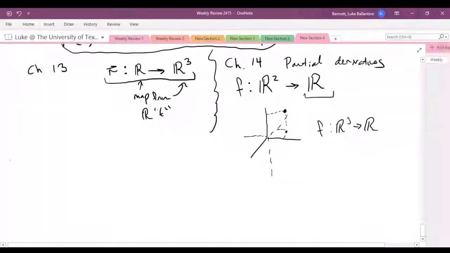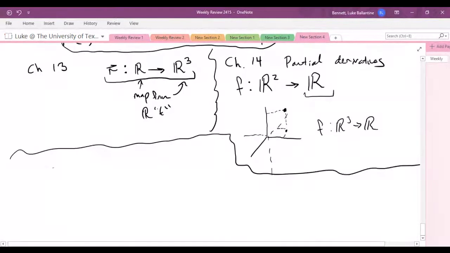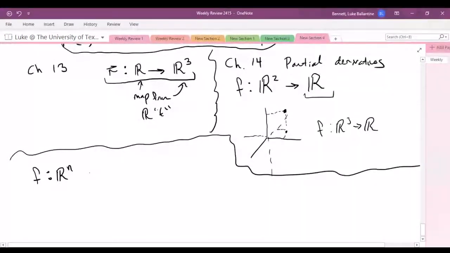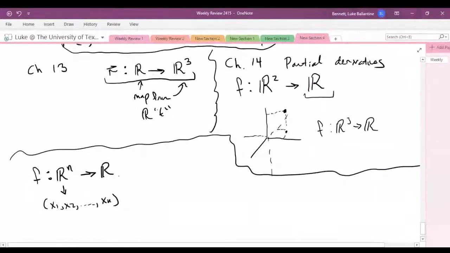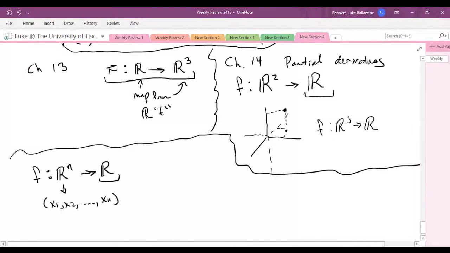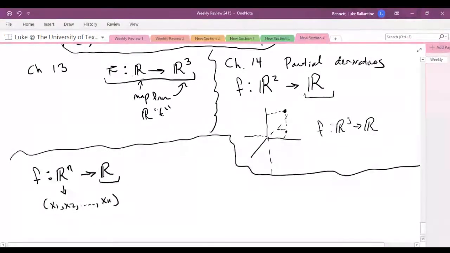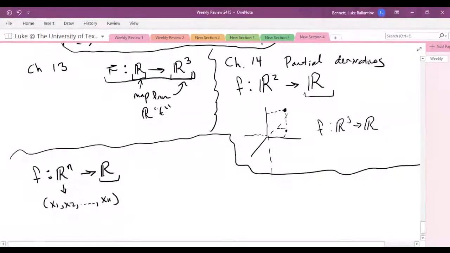So in general, we're dealing with functions that map Rn to R. Rn just means an n-tuple, x1, x2, all the way up to xn, and one real number as the output. Whereas before, you had one real number as the input and 3 real numbers as the output. So we could identify just a curve in space. These are different now. These are multiple inputs, one output.